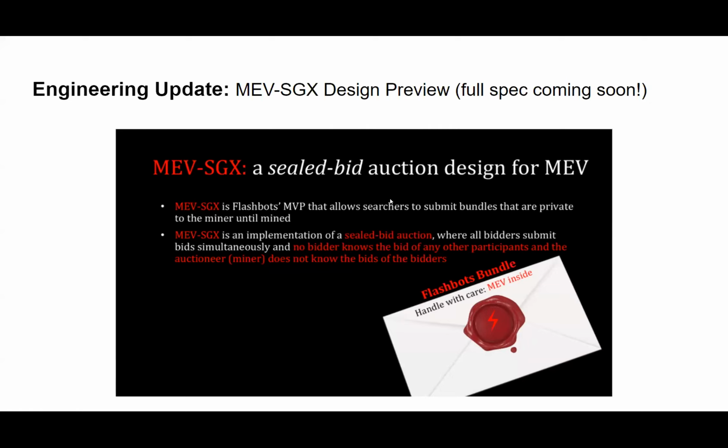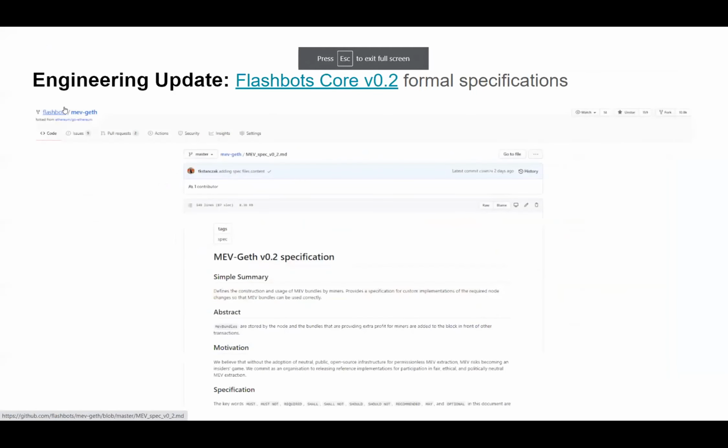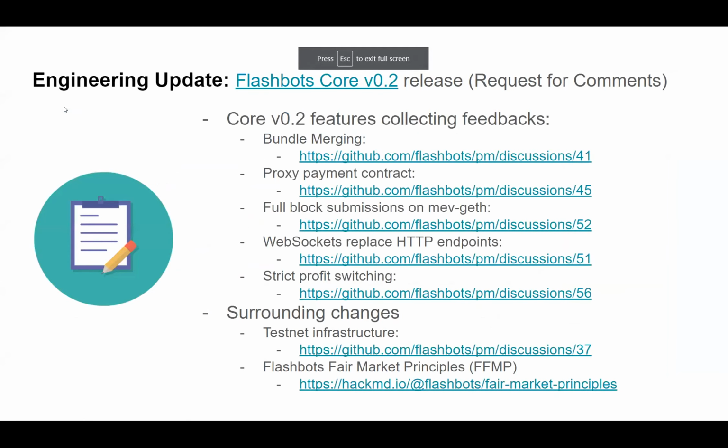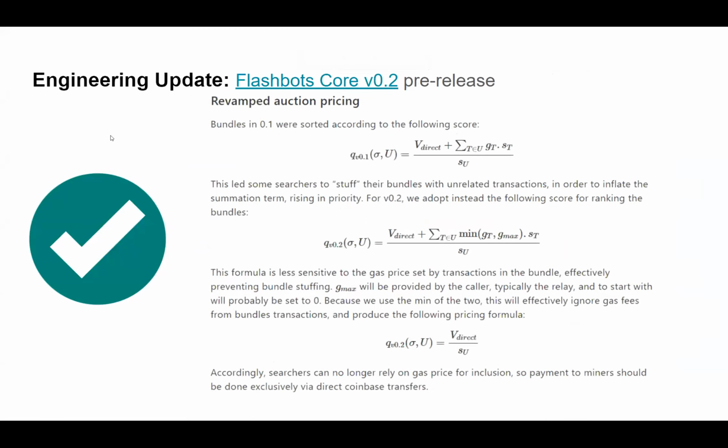Yeah, I was just curious, because the new formula is the amount that you pay to the miner divided by the gas used. Is that correct? Yes, that's correct. If you could imagine one bundle which uses a lot of gas and another bundle which uses, let's say, half as much, then the one that uses twice as much has to pay the miner twice as much.